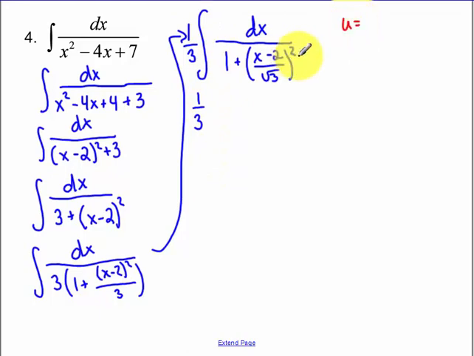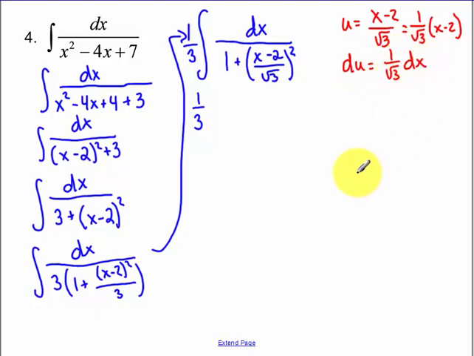Let your u be what's underneath the squared. Another way to look at that is 1 over root 3 times x minus 2. So what is your du? Your du is just 1 over root 3 dx.